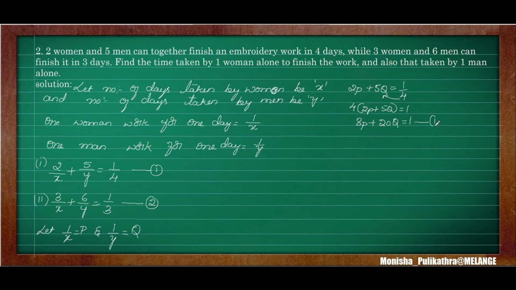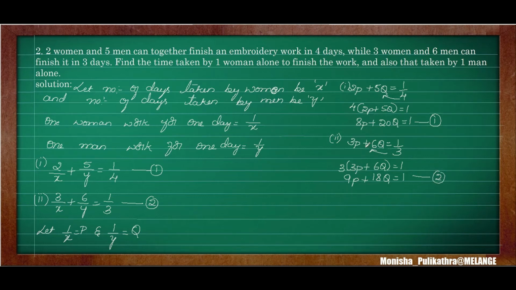So this will be equation 1. Next the second equation will become 3p plus 6q is equal to 1 by 3. Again by cross multiplying it will become 3 3s are 9p plus 3 6s are 18q is equal to 1. This will be the second equation.